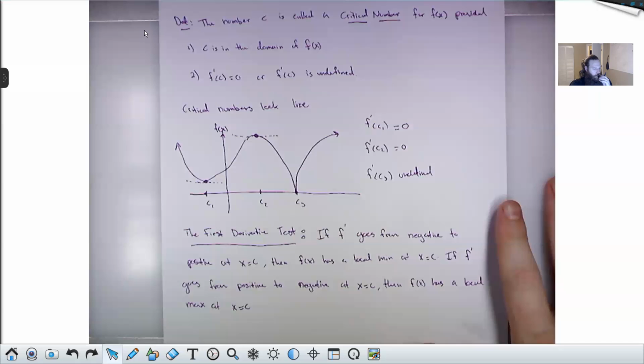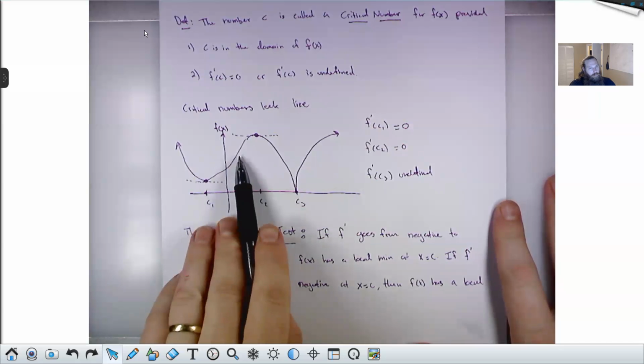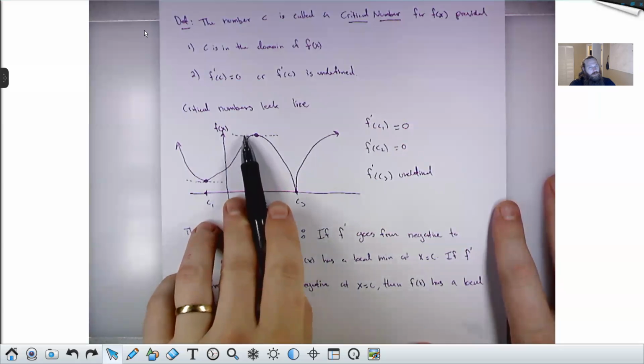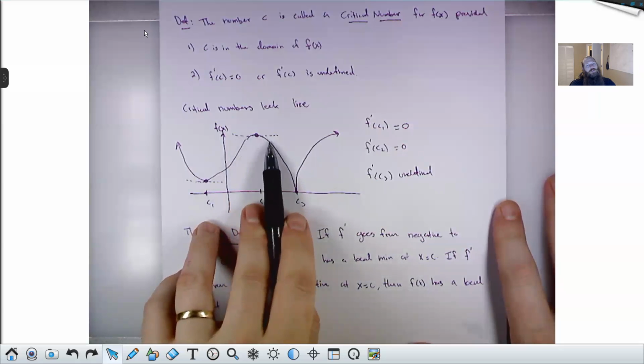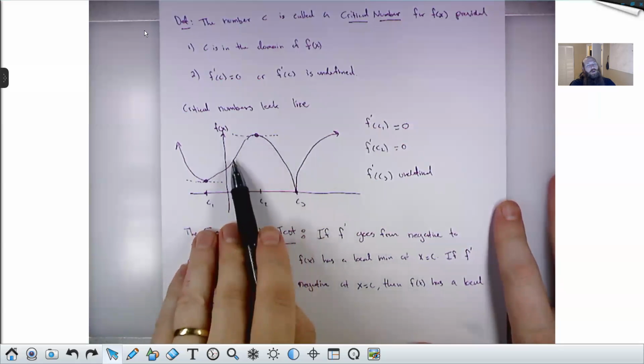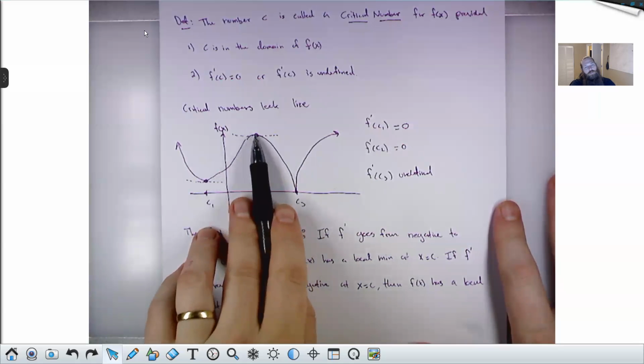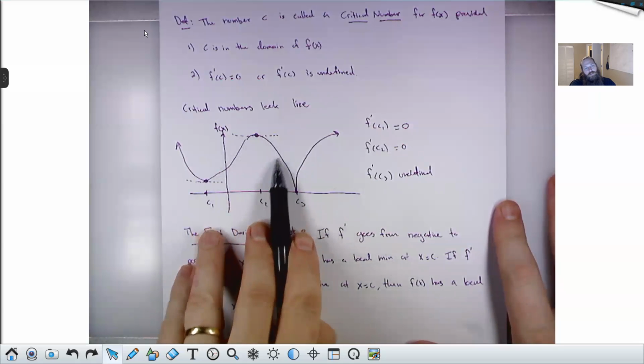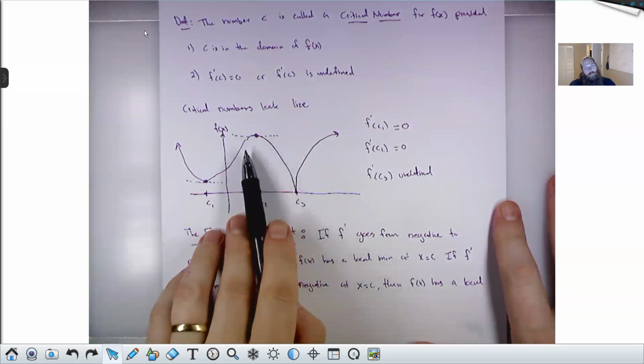Similarly at C2, I'm approaching here, increasing, increasing, increasing, and then I turn around, decreasing, decreasing, decreasing, which means f prime went from positive to negative. So at C2, f prime went from positive to negative.